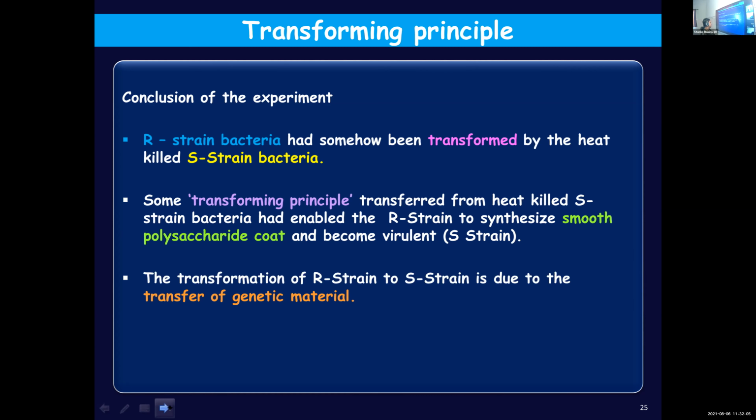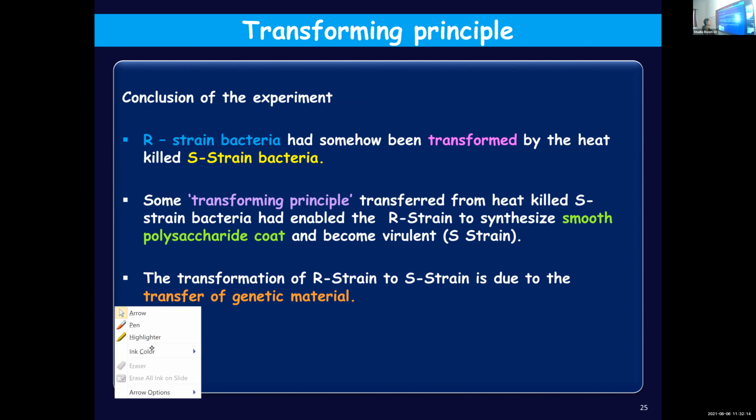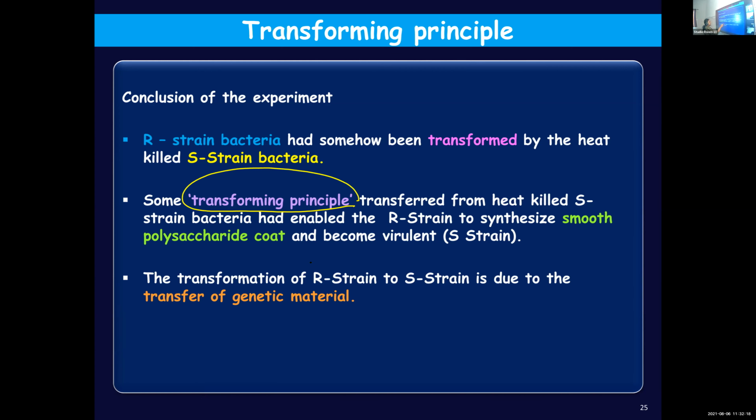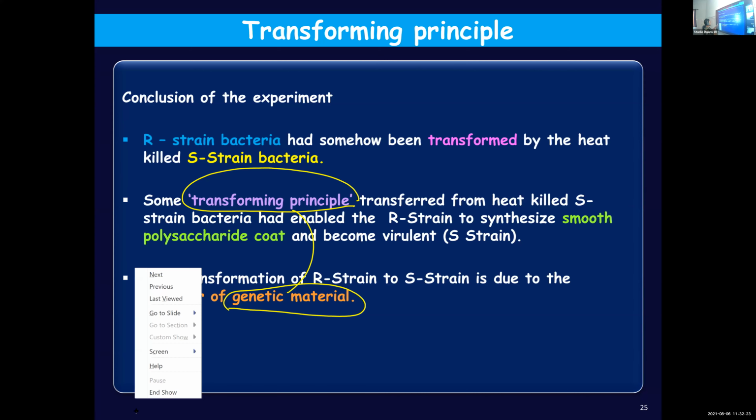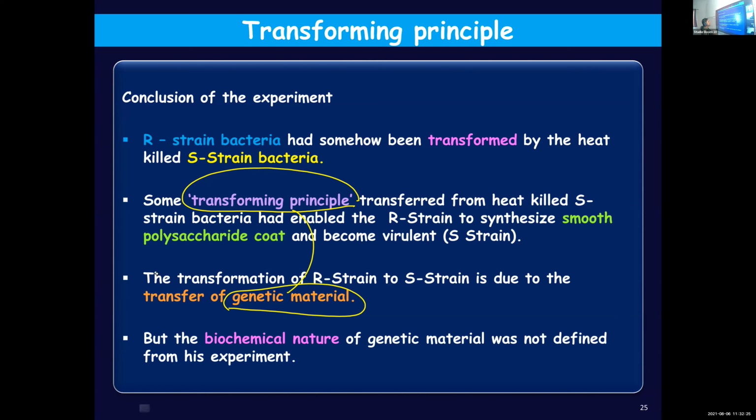The transformation of R strain to S strain is due to the transfer of genetic material. That means this transforming principle, as we mentioned it, is actually the genetic material. The biochemical nature of the genetic material was not defined from his experiment, so he could not understand what its composition is.